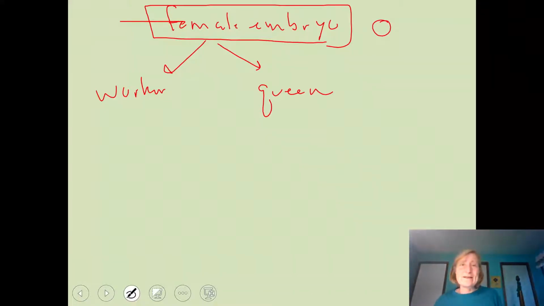It's the environment that the embryo is placed in that determines whether this female embryo will become just one of many workers or the queen, right? Which developmental pathway she'll be following.